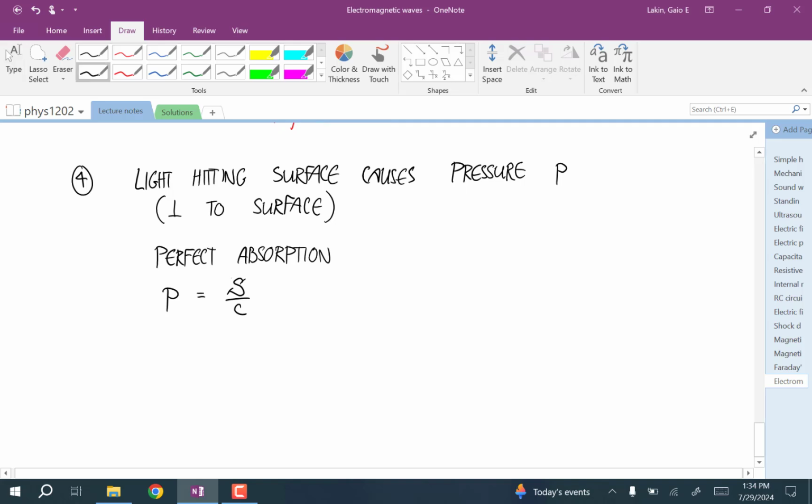And if, on the other hand, the surface is a perfect reflector of electromagnetic waves, like a mirror, then the pressure on the surface is equal to 2S over c.